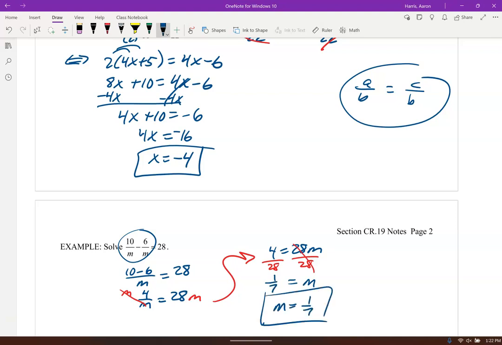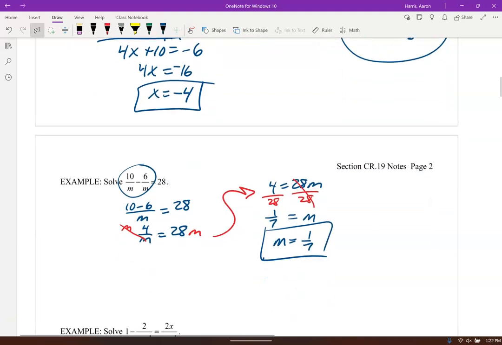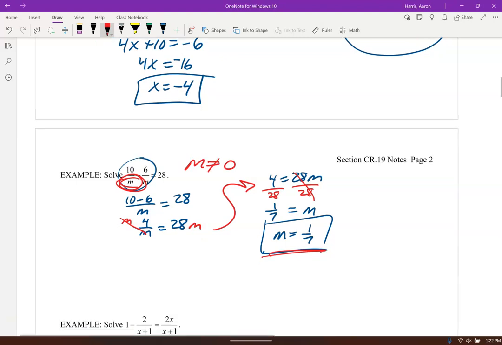And then again, make sure it satisfies the original, which it does. And if you think about the original, the only thing m cannot be is 0, because I can't divide by 0, and I have an m on the bottom. So I just make sure that's not 0. It's not, it's 1/7. So it'll be good to go if I plug it in and check it.